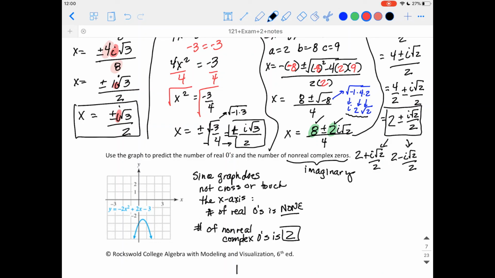Now, another thing we need to start seeing, that this is technically a parabola. And how can we tell? Because it's an x squared.